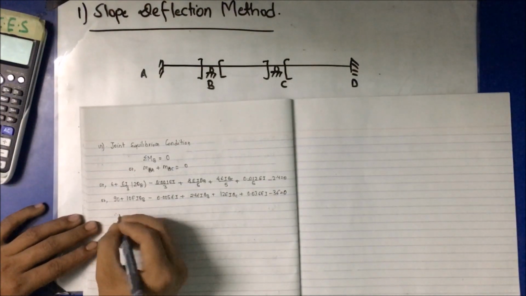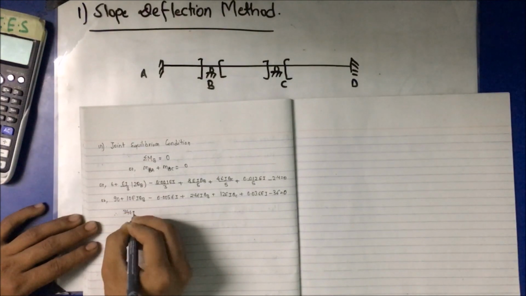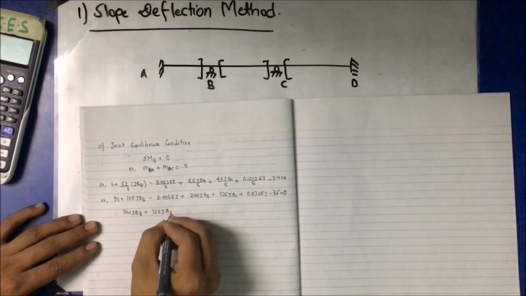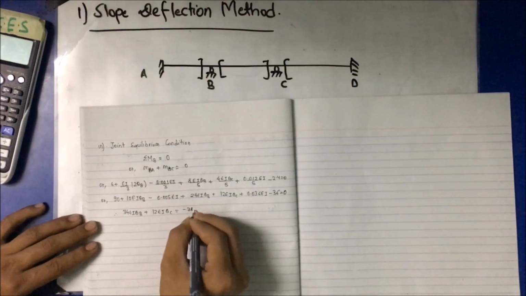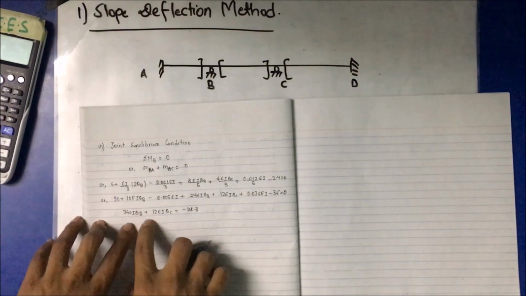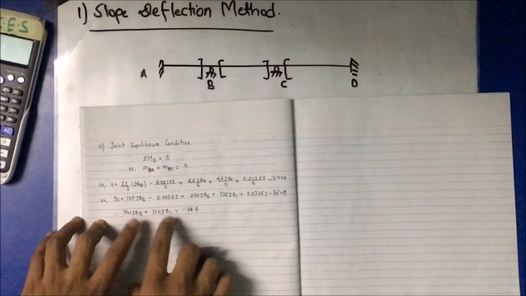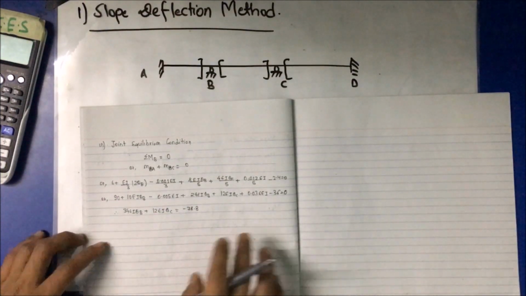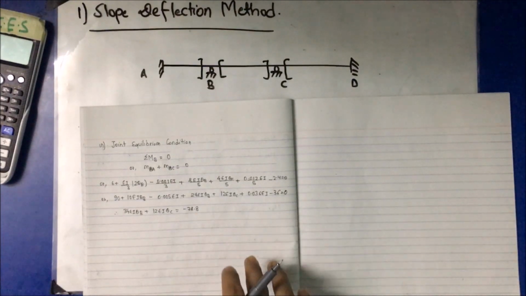And finally I get 34 EI theta B plus 12 EI theta C minus 78.8. So don't put the value of EI directly over here. It will be much more complex because the value will be large, so it is better to put the value of EI at last.